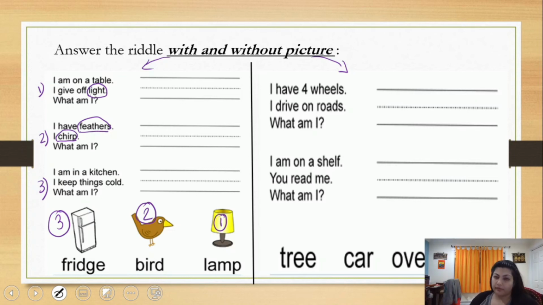So this is also helpful later on when they're drawing inferences. So I am in kitchen, keyword, keep things cold. And then you can write them down. First will be lamp, bird, fridge.